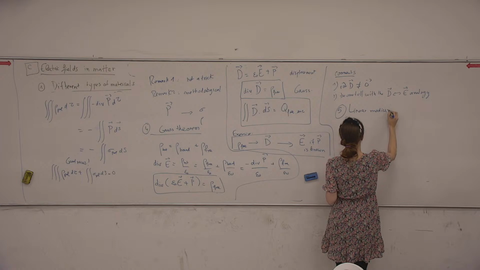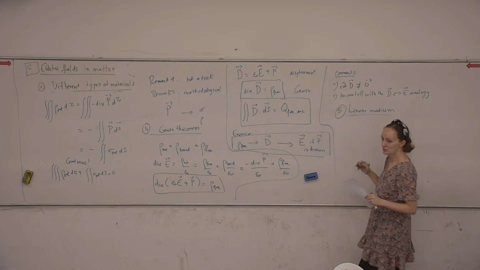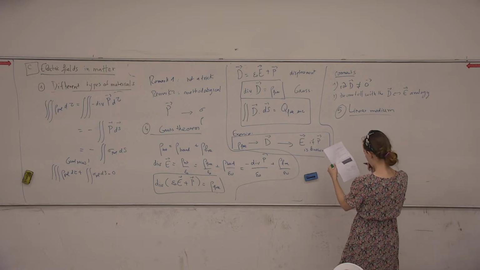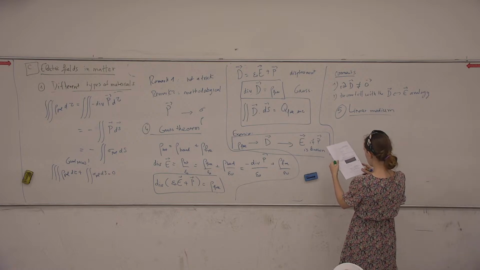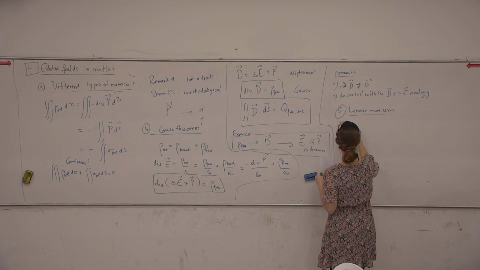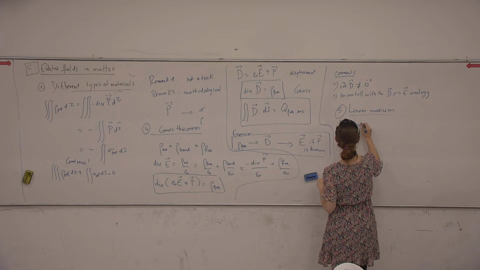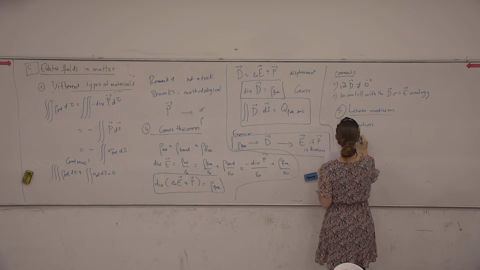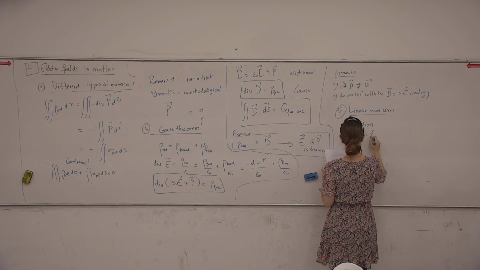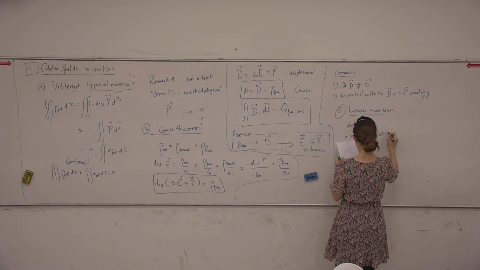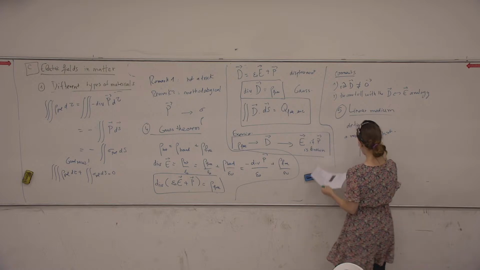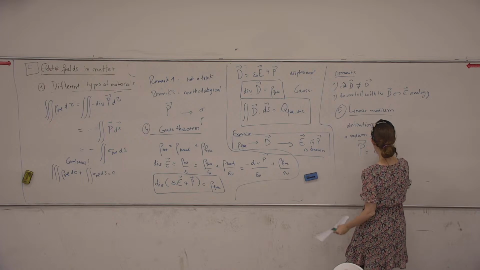Okay, so a linear medium is one type of the electric medium. Okay, it's a subtype of the dielectrics. Okay, and it's a medium for which, so the definition, it's a medium for which the polarization is proportional.